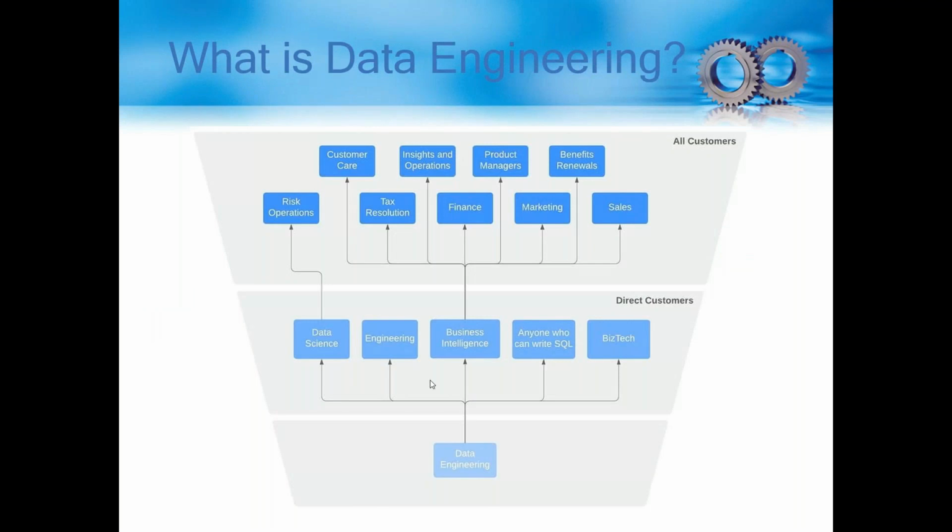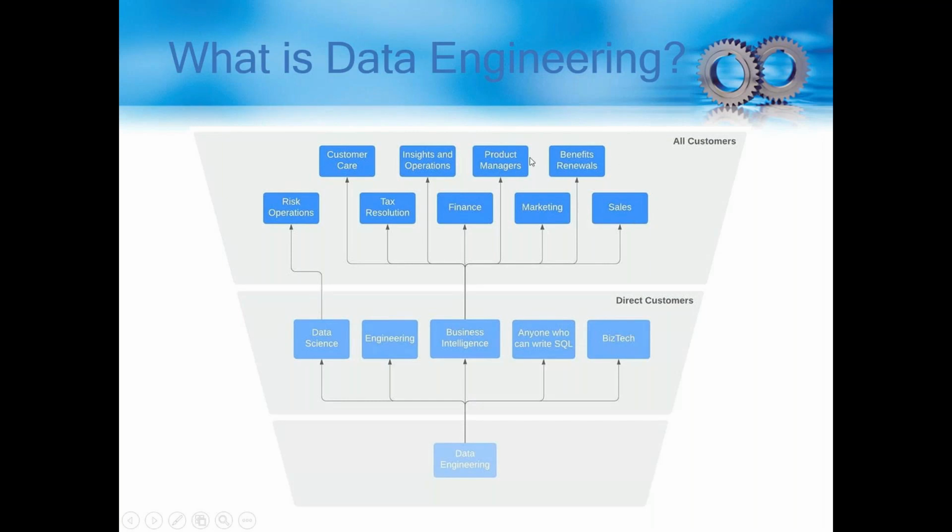And when you see this diagram here, the data engineer is the base for all these layers. All the customers are facing different kinds of domains, like risk operations, customer care, tax resolution, insights and operations, finance, product managers, marketing, benefits renewals, sales.